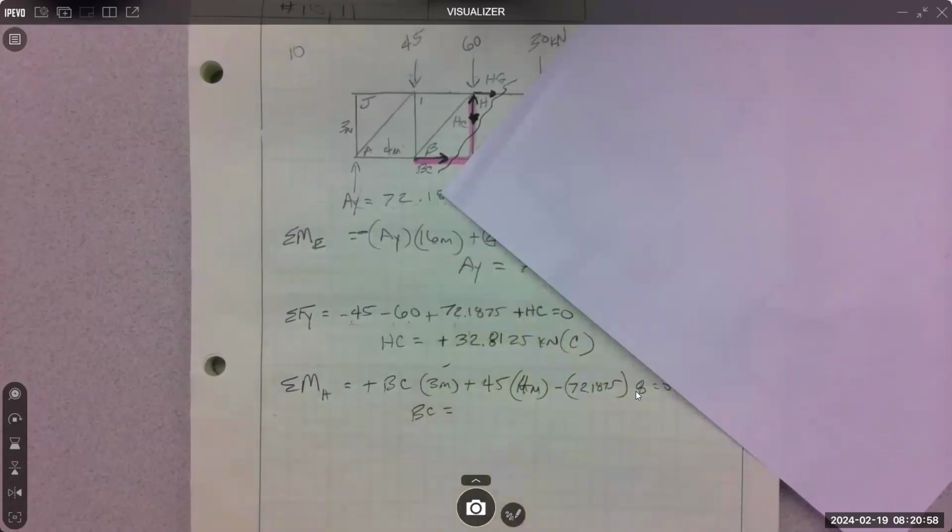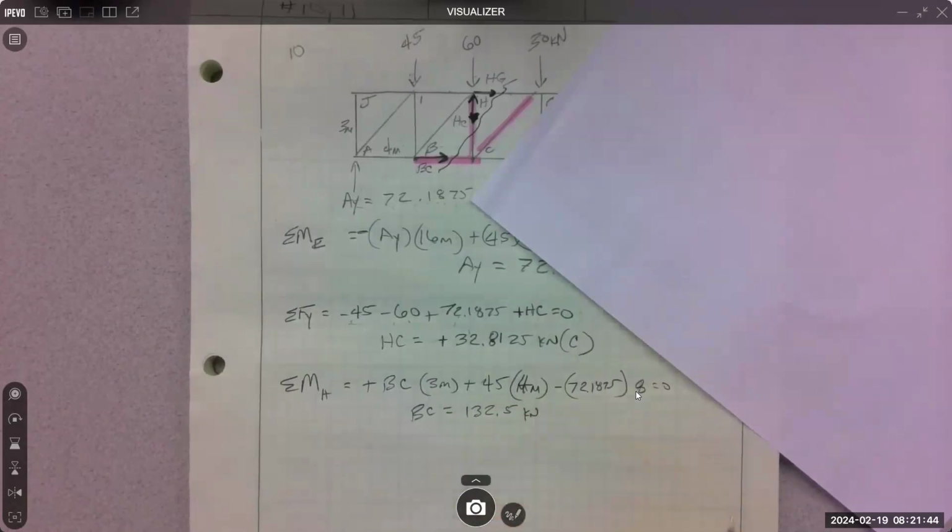BC equals... What'd you get? 132.5. Comes out positive, right? Points away, it's in tension.